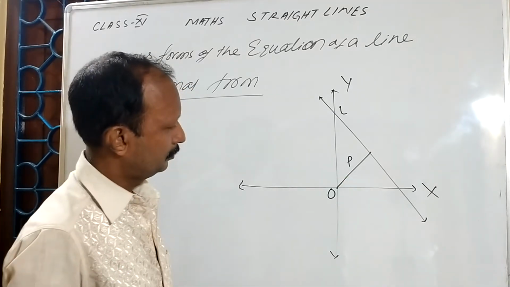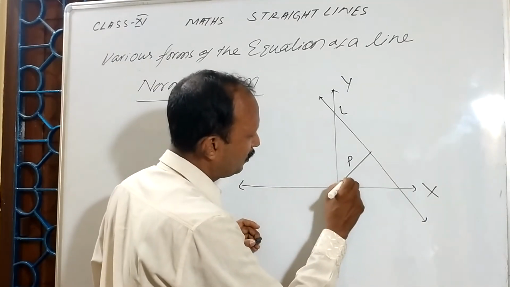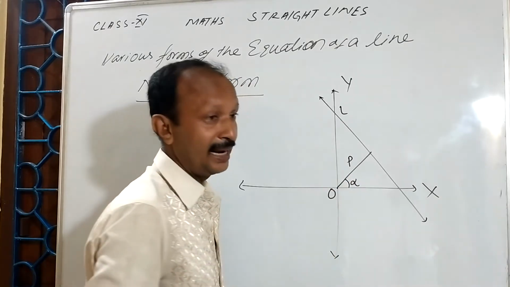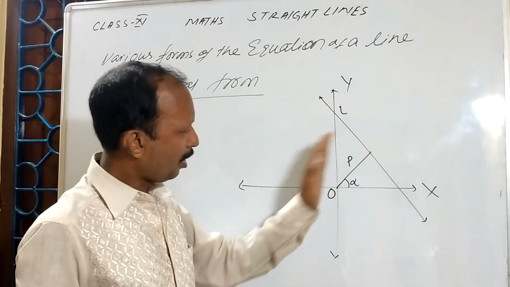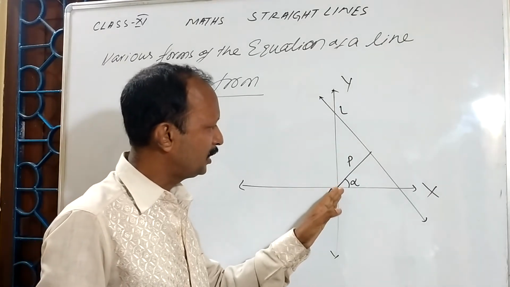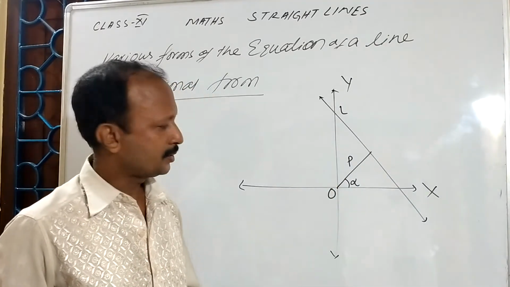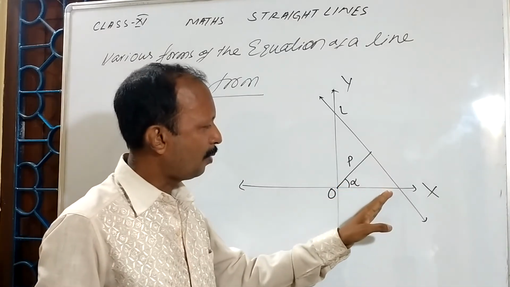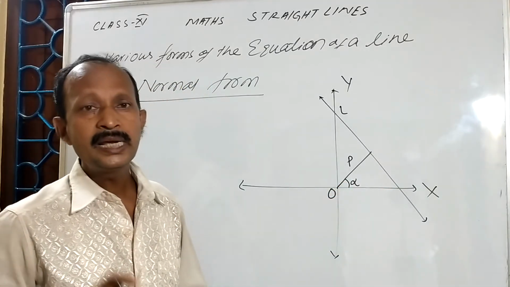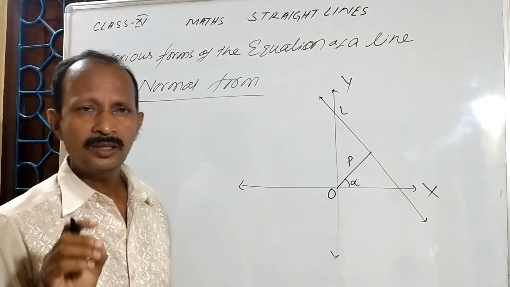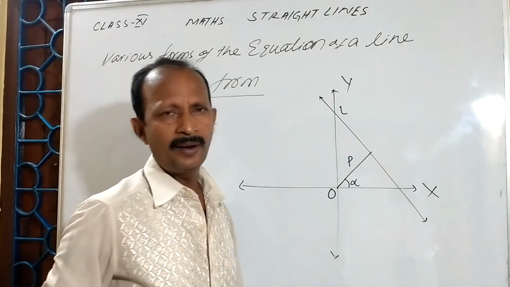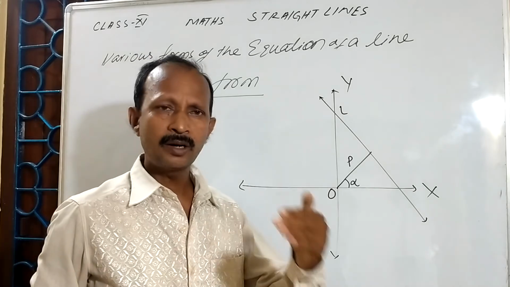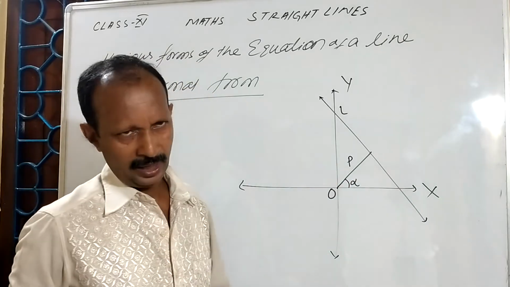And this angle is given. For example, this angle is alpha. It is also given. That means the normal drawn from the origin to this line makes angle alpha with the positive direction of the x-axis. These are the things given. This p is given and alpha is given. How to determine the equation of the line?